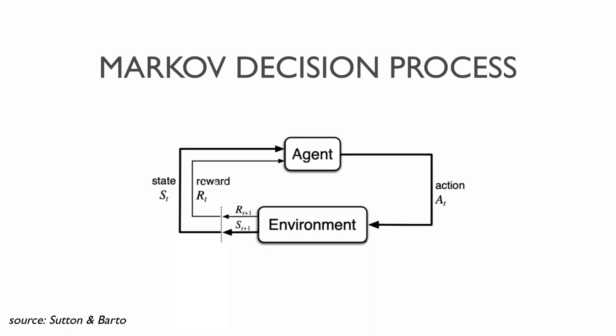MDPs are a framing of the learning from interaction problem where, as in this picture, an agent begins at a particular state and takes actions until some termination criterion, such as running out of time. The agent performs actions in an environment, receives a reward, and moves to different states where it performs new actions, and so on.